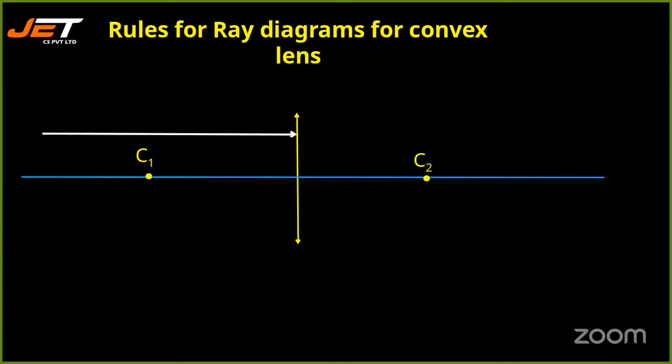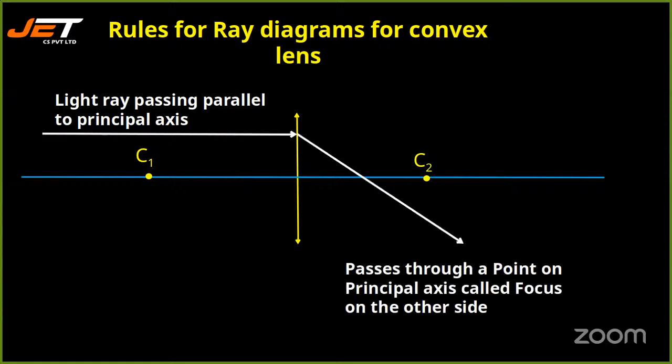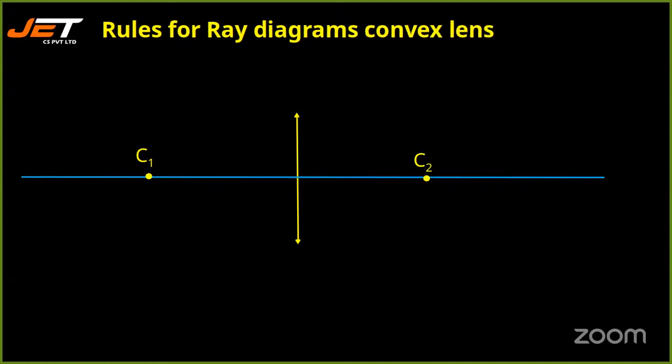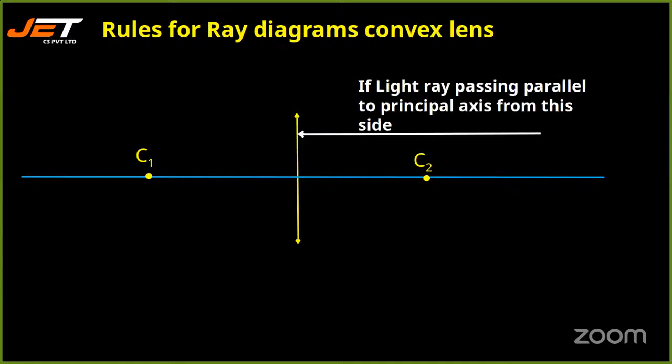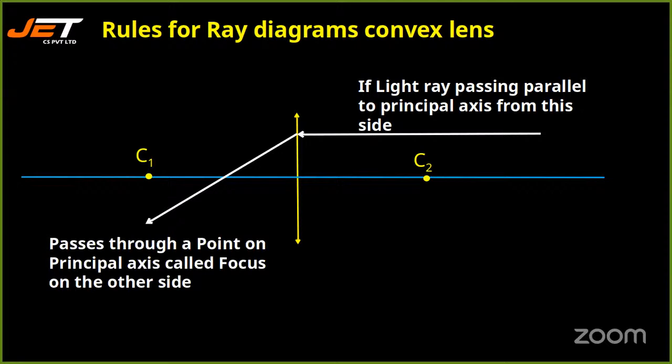For example, say there is an incident ray on this convex lens which is parallel to the principal axis, and the light ray gets bent and passes through a point on the principal axis on the other side called the focus, referred to as F. All light rays parallel to the principal axis will bend and pass through this focus point. If the light ray is parallel to the principal axis from the other side, again it bends and passes through a point on the principal axis called the focus on the other side.